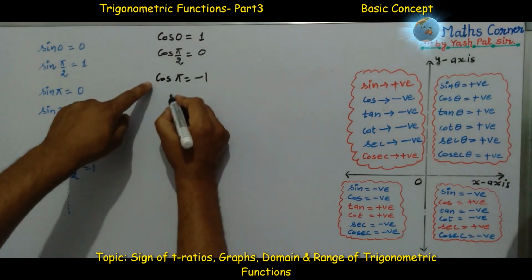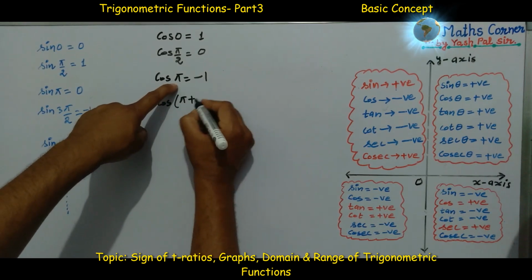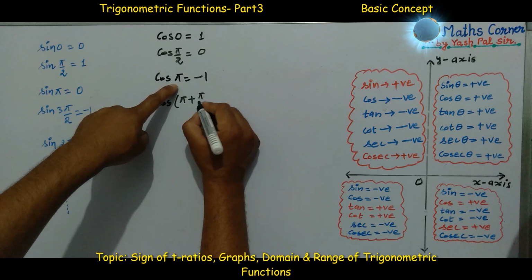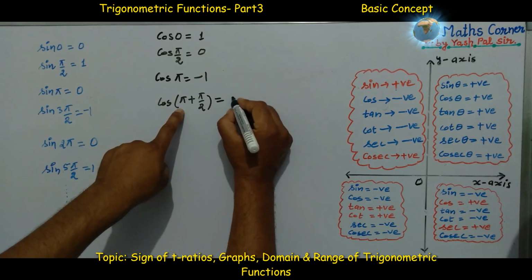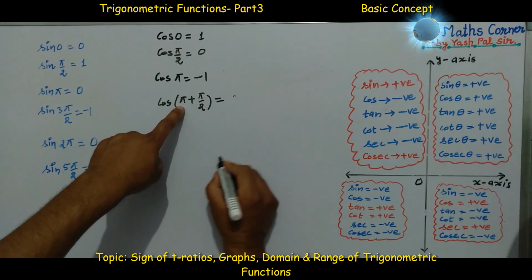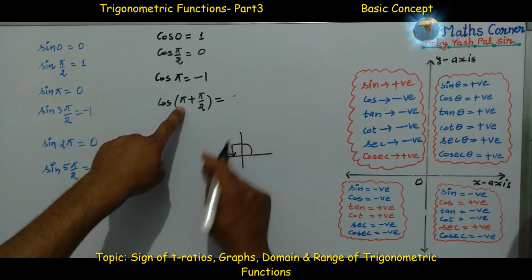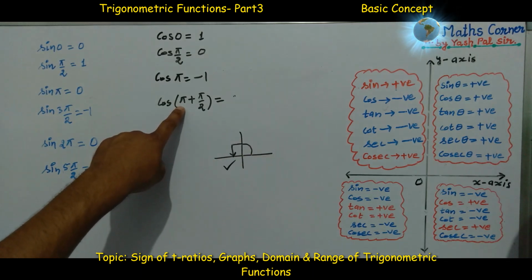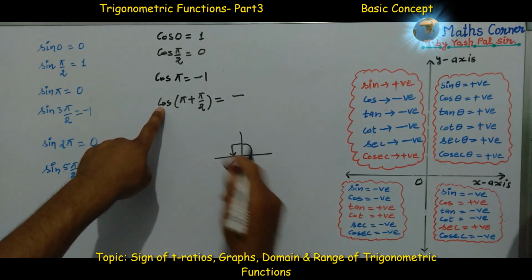Now taking next, cos of pi, again adding pi by 2. Pi means from here to here, this is pi, and pi plus something means the third quadrant. In the third quadrant, cos is negative, so we put a minus sign.